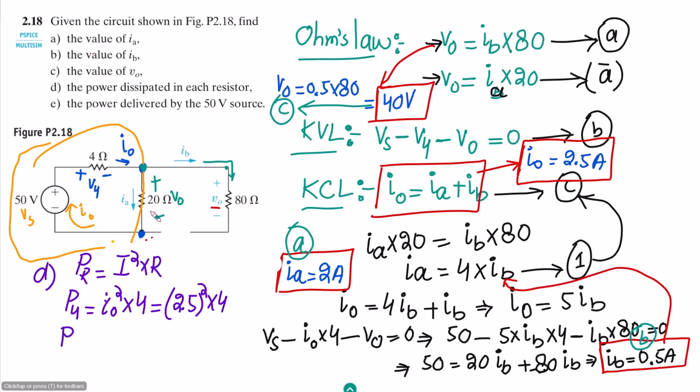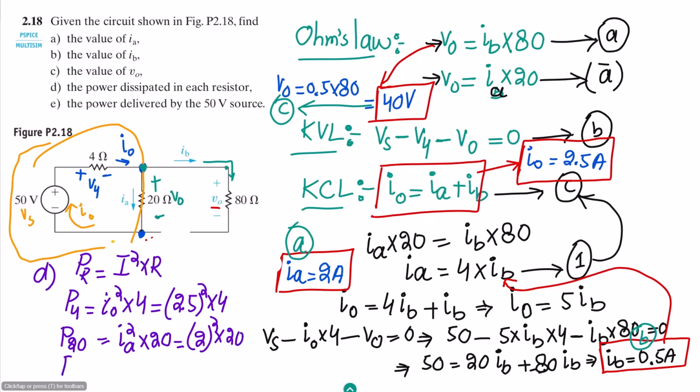The power dissipated in the 20 ohm resistor is IA whole square into 20, with IA being 2, so 2 square into 20.